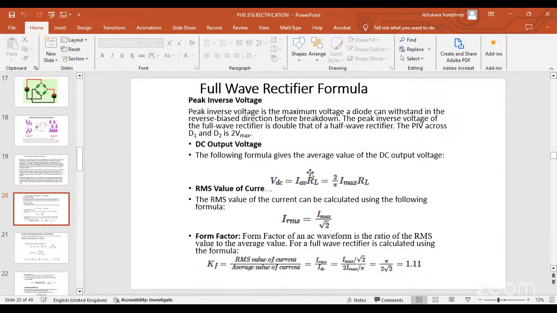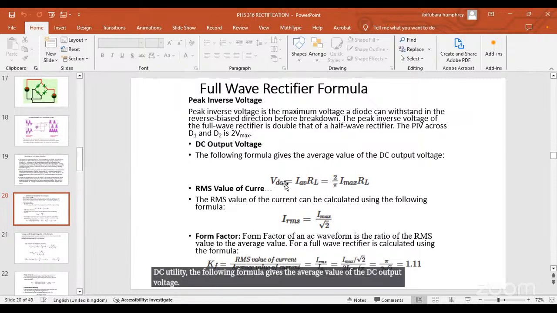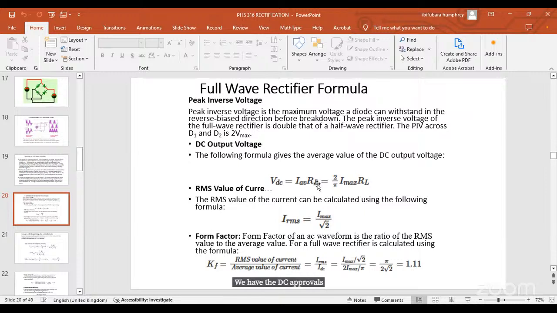DC output voltage: the following formula gives the average value of the DC output voltage. We have the DC output voltage as the average current times the load resistor.